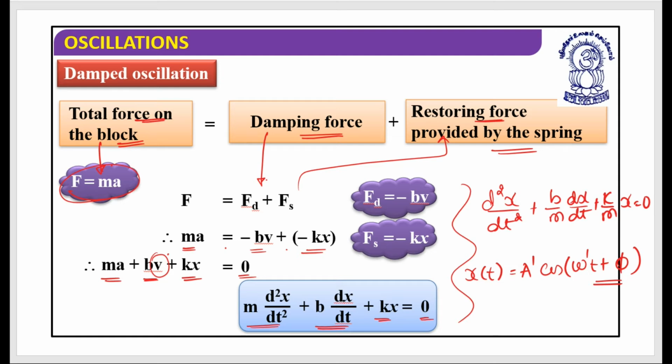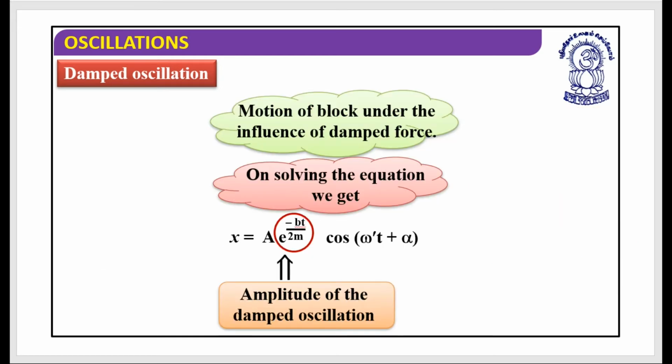And this A' represents the decreasing amplitude. On solving the equation that I have written, we get x = A e to the power minus bt by 2m into cos(omega' t + phi).